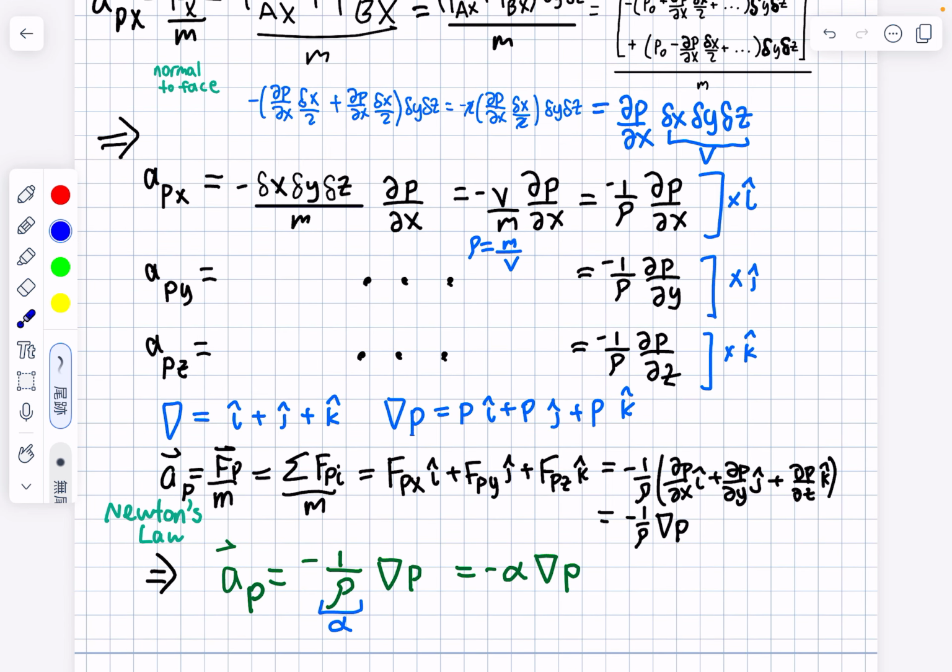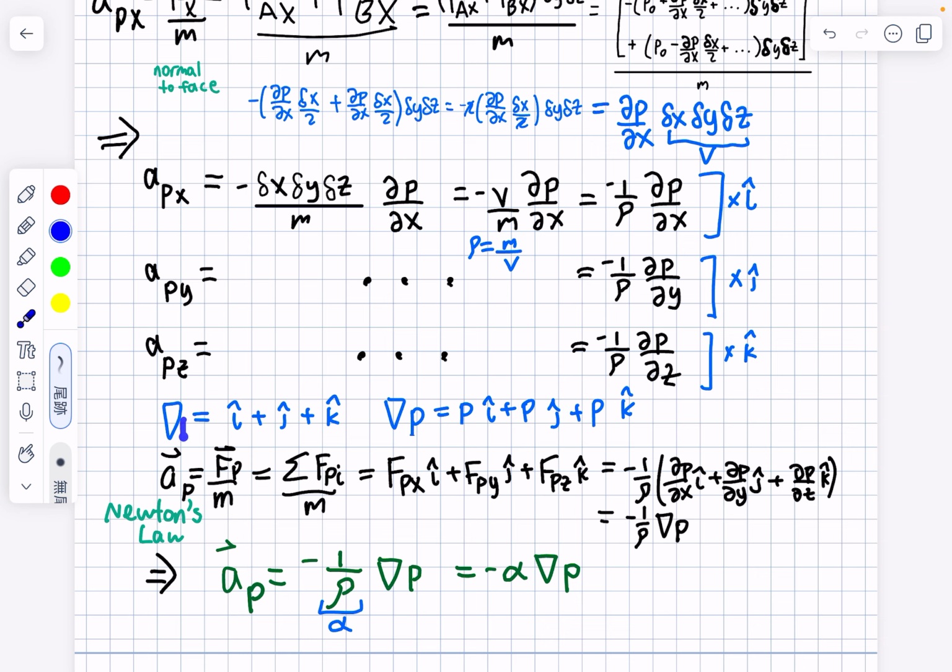And in calculus, we have an operator called the gradient operator. It's an operator that applies to something. It's basically the x, y, and z components. So for example, if we get the gradient of p, it will be equal to partial p partial x i hat plus partial p partial y j hat plus partial p partial z k hat.